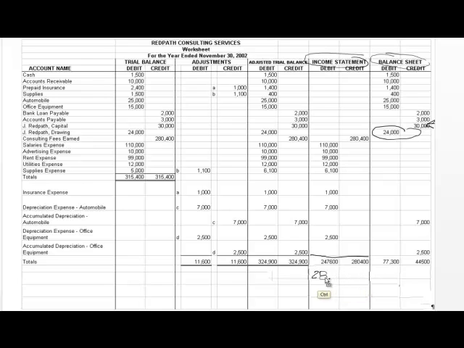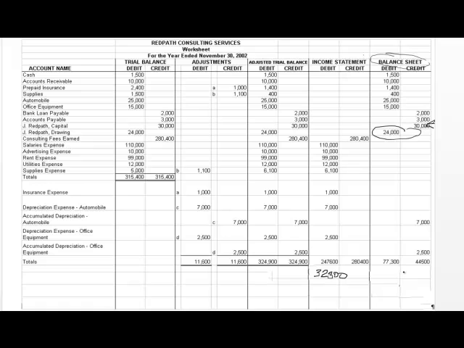Now let me redo this and see if I can get that 3 to show up a little bit better so we can definitely see what's going on here. I'll have to write a little smaller. And now my 2's disappearing. There we go. Okay, take the difference between these two. They must be the exact same difference that we found in our income statement. It must be the difference between these two of $32,800.